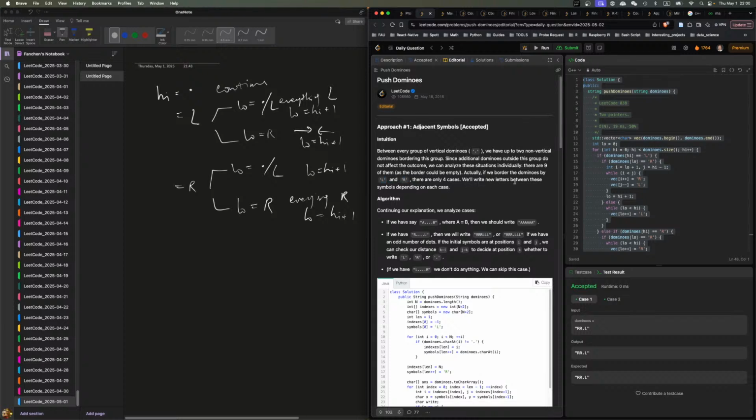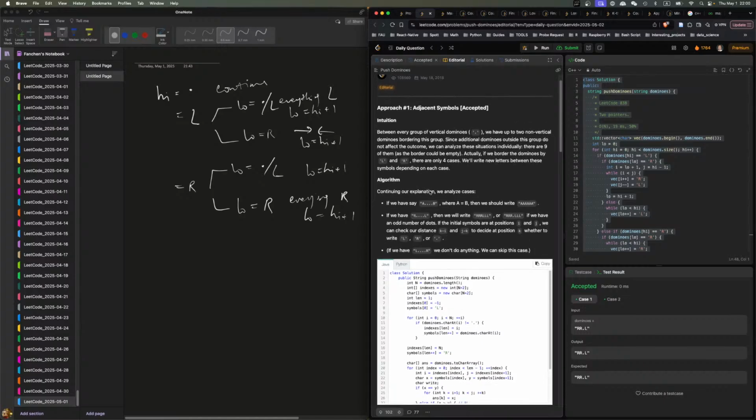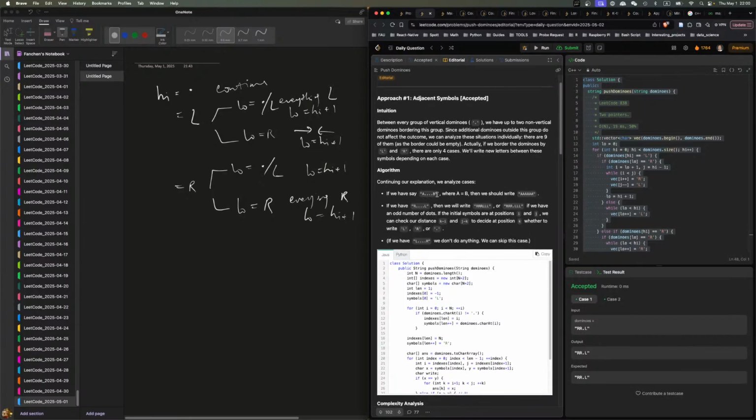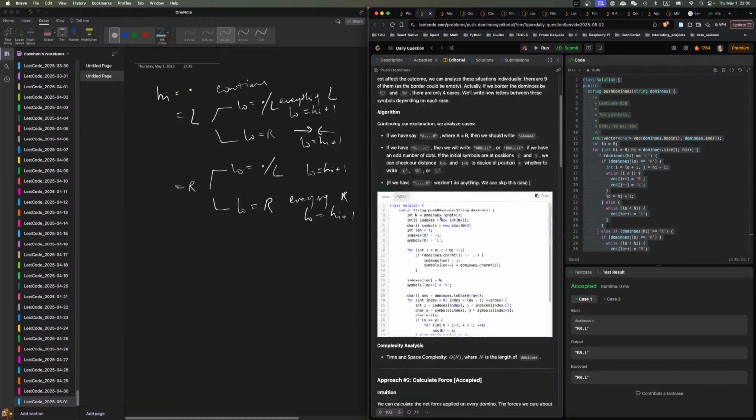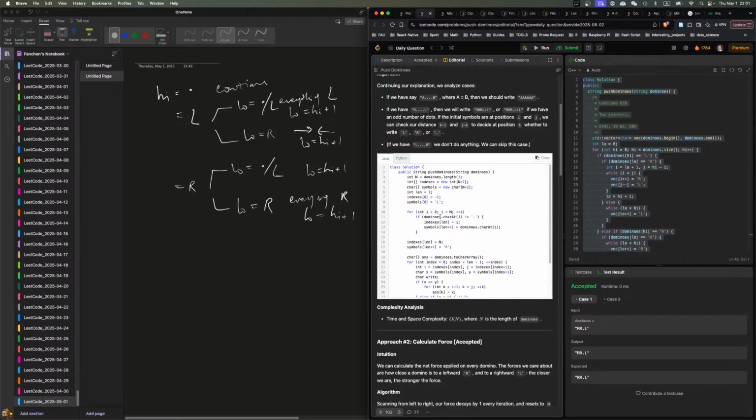We'll write new letters between these symbols depending on each case. If we have an AB where A equal to B, yes. If we have this, then we do this or this. If we have this, we don't do anything. So this is actually 1, 2, 3, 4 different cases. So what we're saying is, I see.